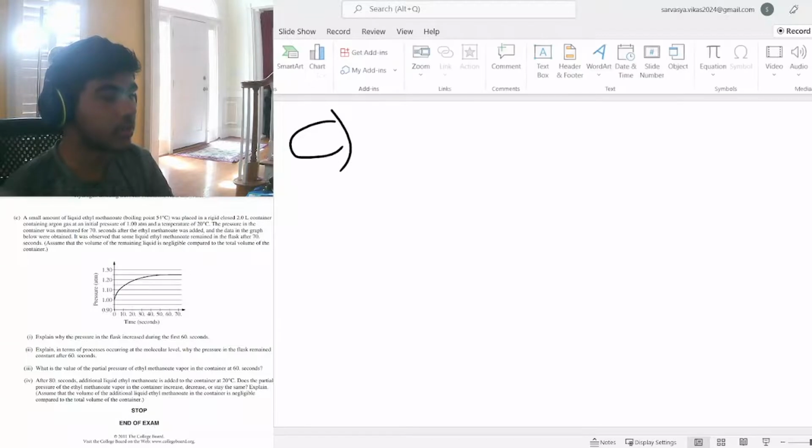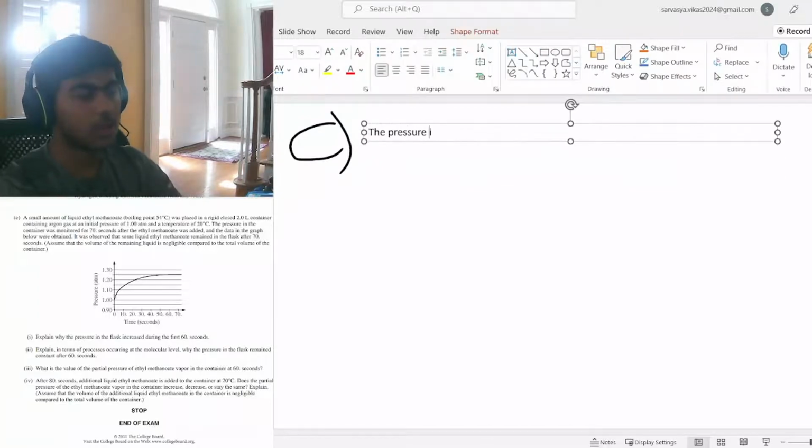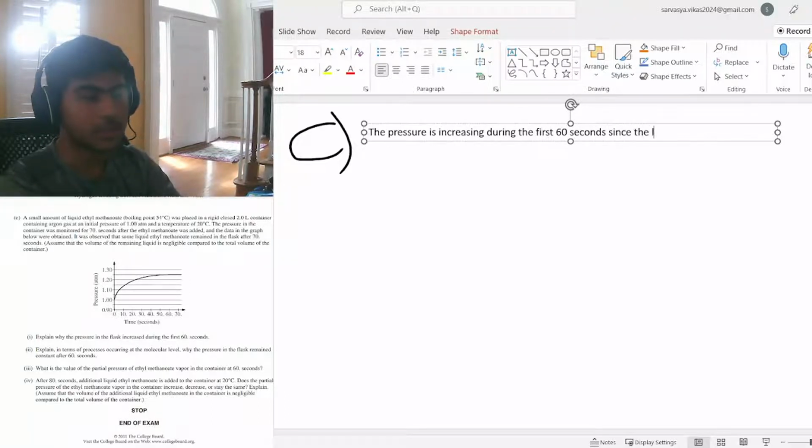So essentially, the pressure is increasing during the first 60 seconds since the liquid ethyl methanoate, okay, how do I spell that? Methanoate. It's still telling me no. I'll leave it.